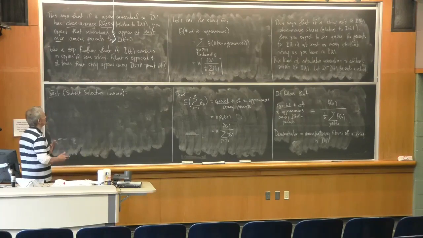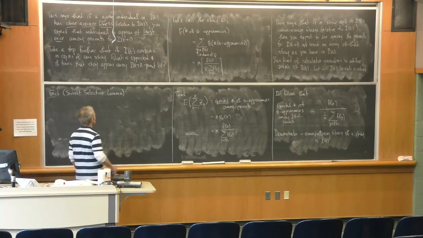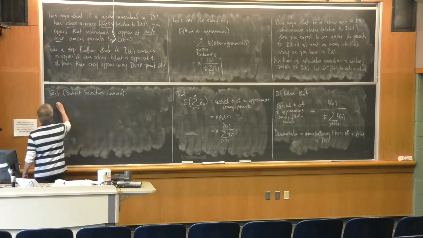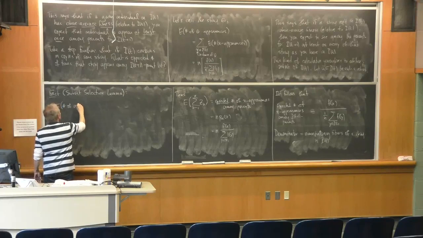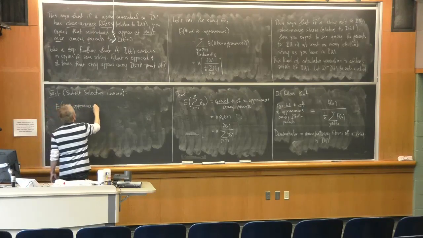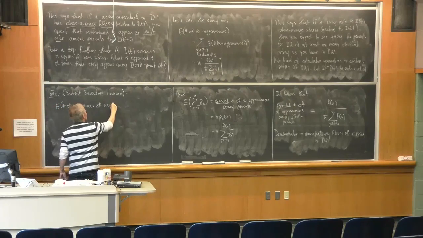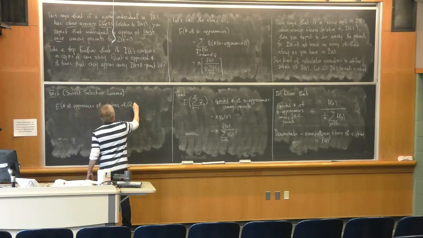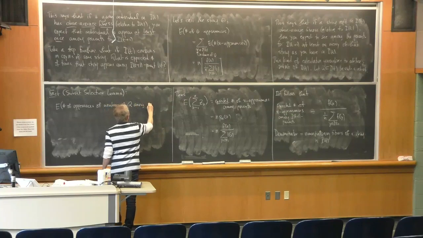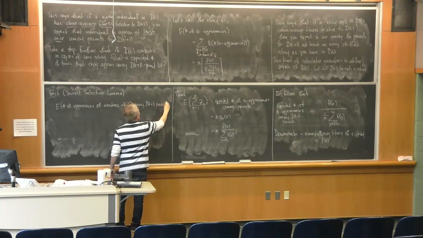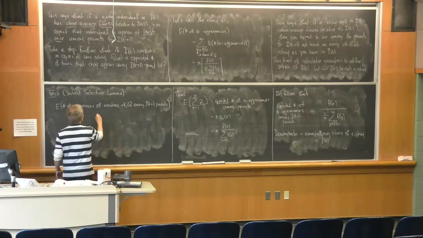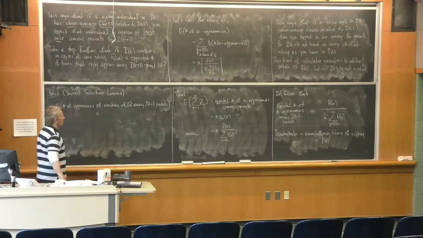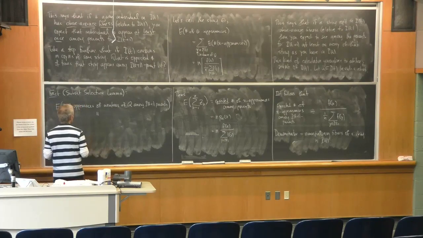The subset selection lemma says the following, that in this context, the expected number of appearances of members of Q among the P of T plus 1 parent list equals this. There's various ways of writing this.